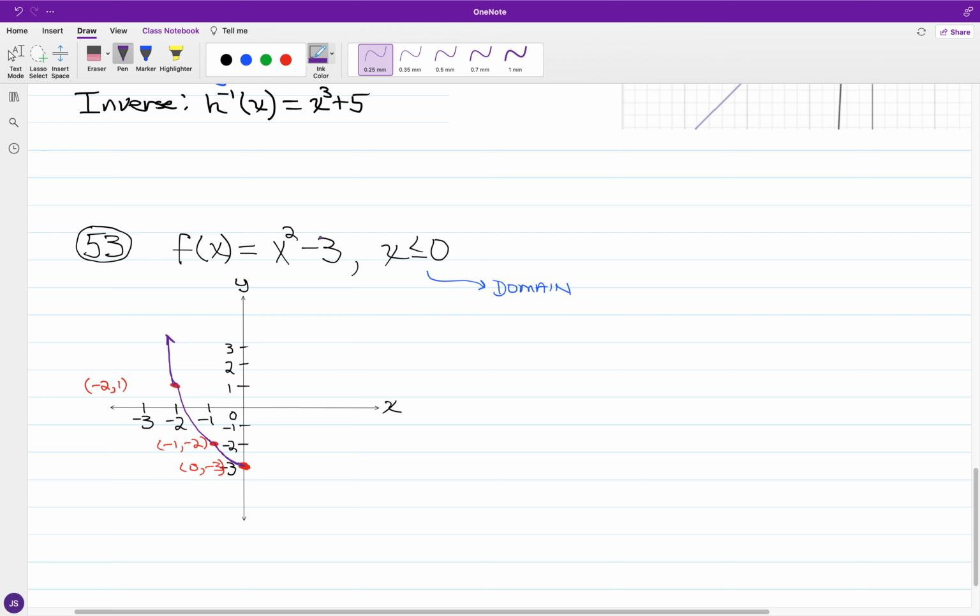From the graphing perspective, you're going to have the minimum y value at -3. Everything else is going to be above. So while x is less than or equal to 0, we have simultaneously that y is greater than or equal to -3, and this is referencing the range.